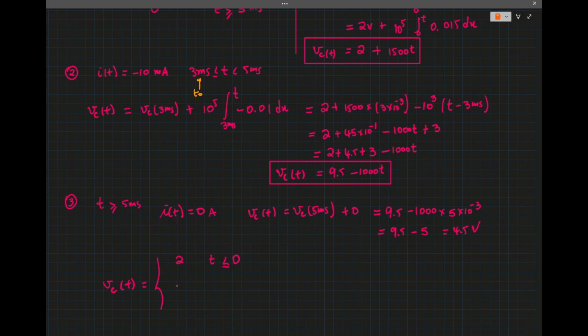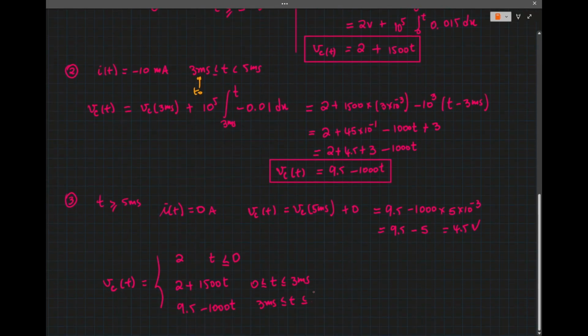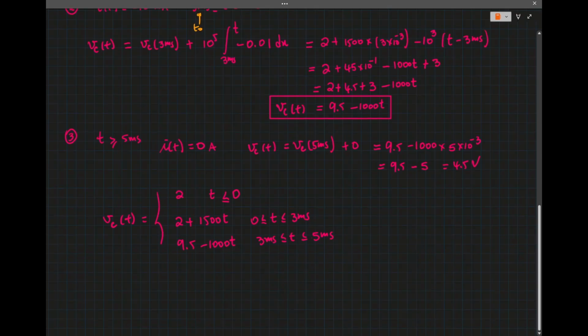And then I have 2 plus 1500 t when t is between 0 and 3 millisecond, and then 9.5 minus 1000 t for 3 millisecond less than or equal to t less than or equal to 5 millisecond, and then for t bigger than 5 millisecond it is 4.5 volt.